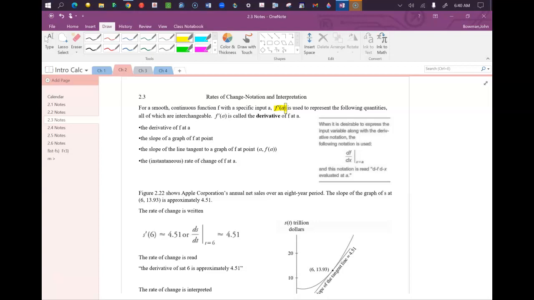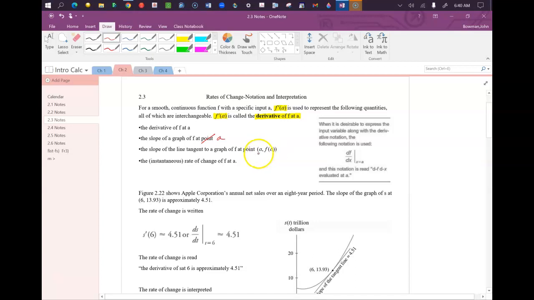And we use that notation and that terminology in a variety of ways. F prime of a is called the derivative of f at a. We can also refer to it as the slope of the graph at a, the slope of the line tangent to the graph of f at point a, f of a.